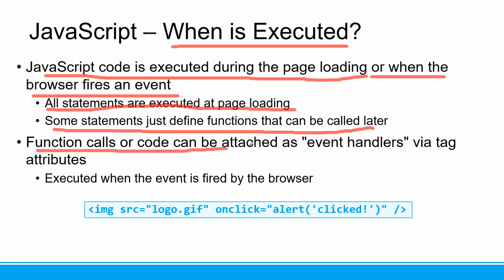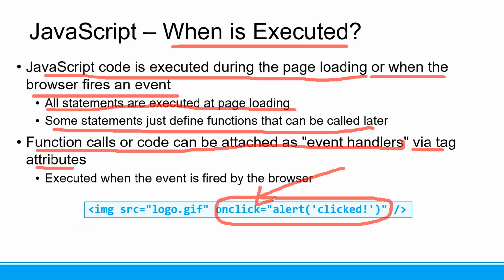Function calls or code can be attached as event handlers via tag attributes. What does it mean by tag attributes? For example, this one. We call this a tag attribute. The tag is img. You still remember img? It means I have an image. If I have the image, I can specify what the image is.